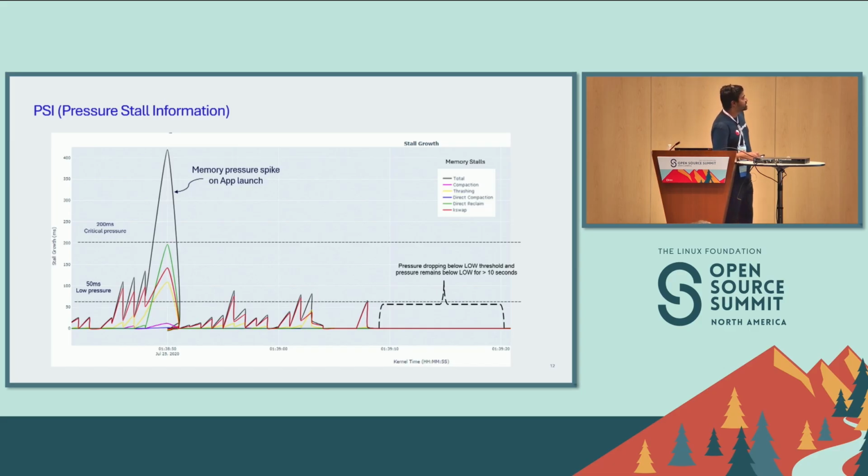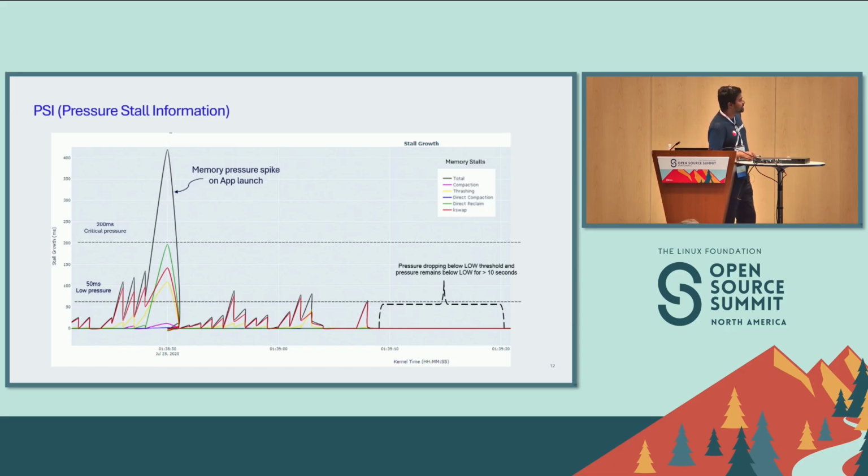Once I run a memory-intensive use case, the stall spikes up and then comes down. If it goes beyond a particular threshold, let's say a 200 millisecond threshold, it can be considered that there's a memory-intensive task running, and the system might need more memory.